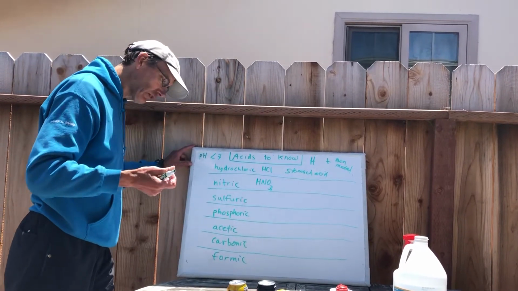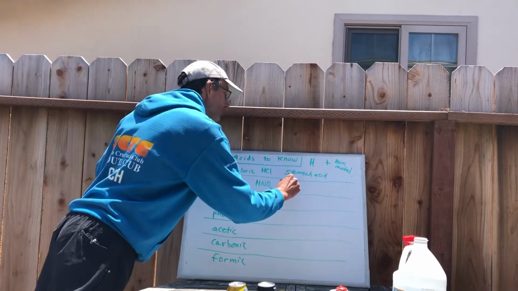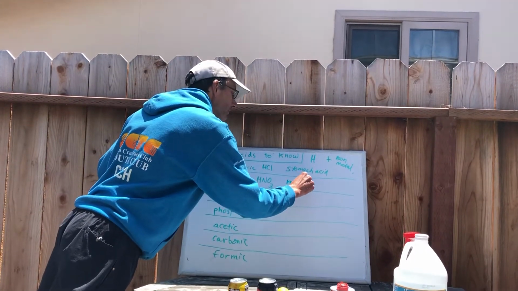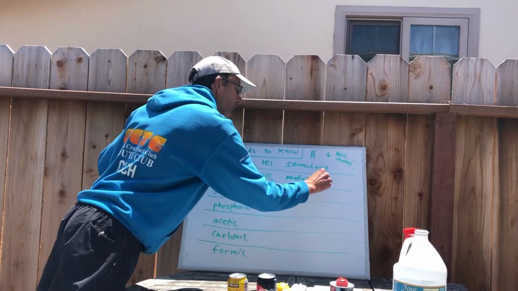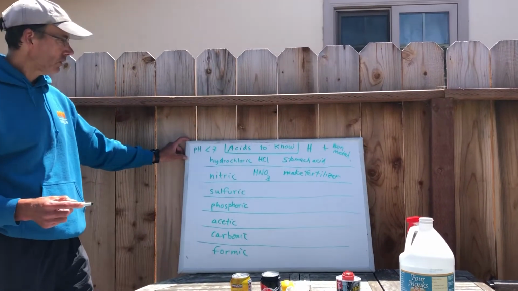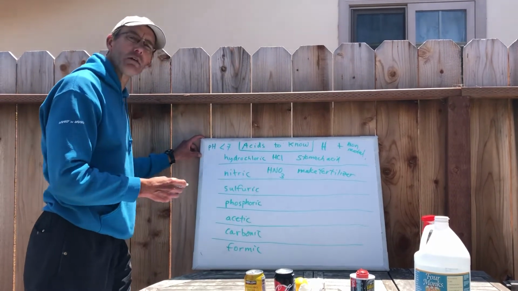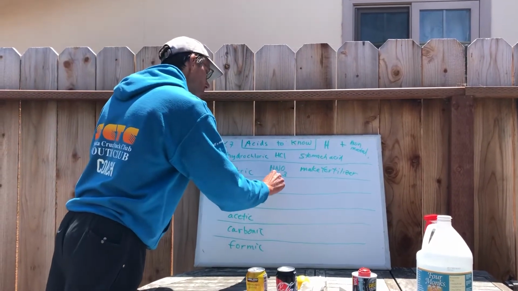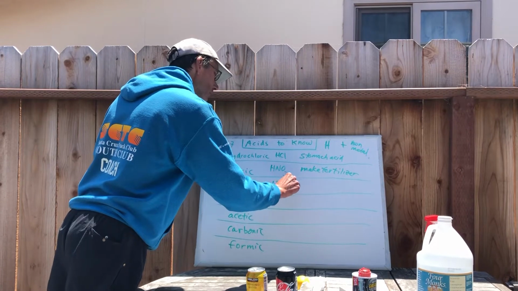Nitric acid is basically used to make fertilizer. Then there's sulfuric acid, which is battery acid, and that's H2SO4.